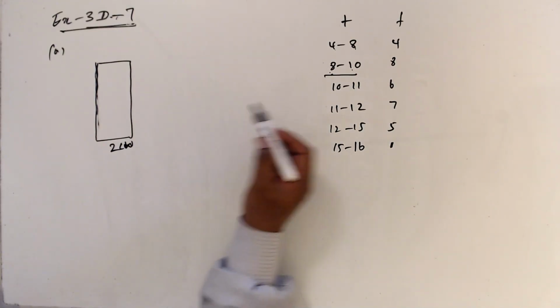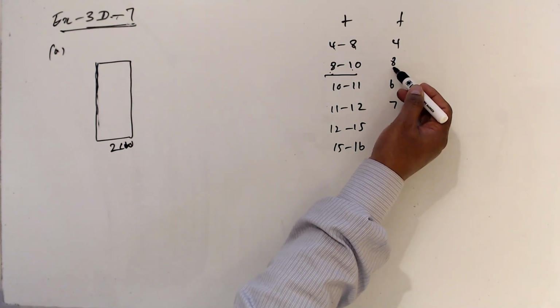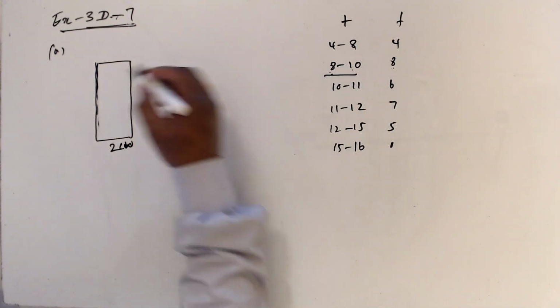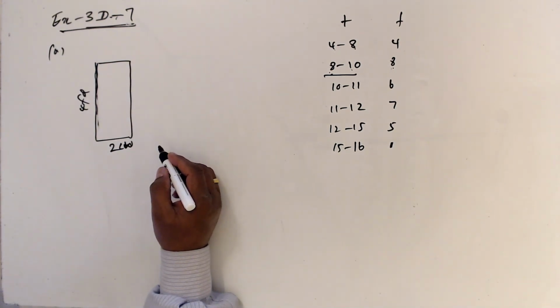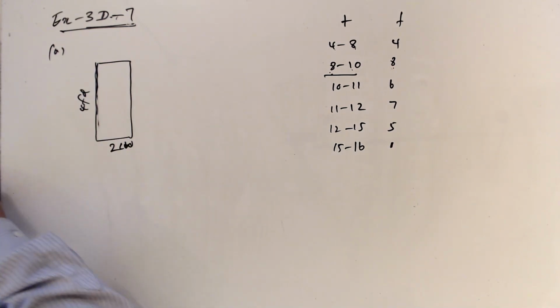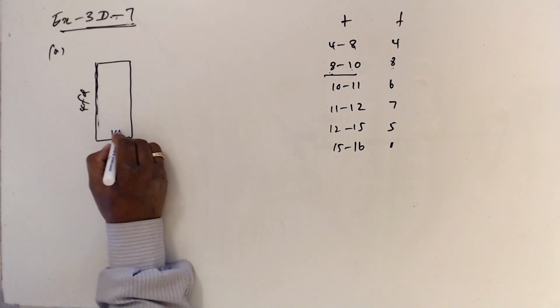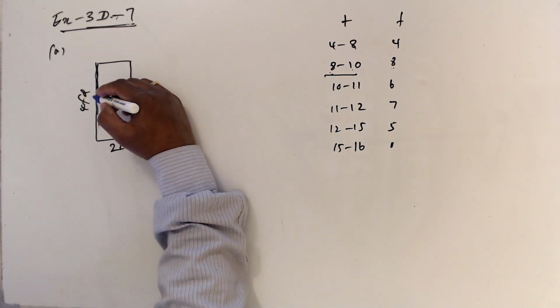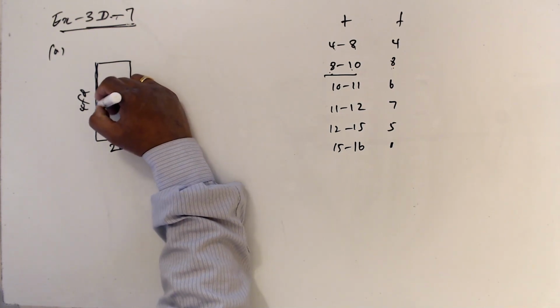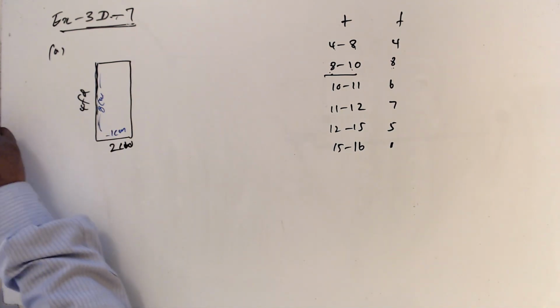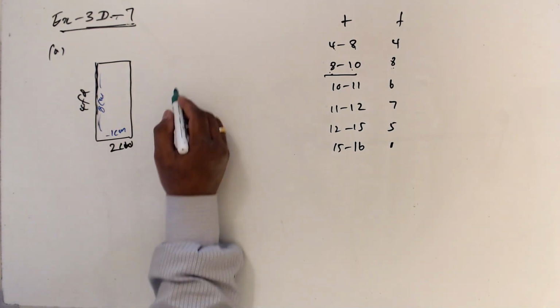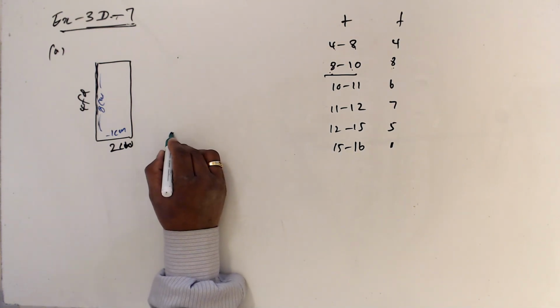Frequency density is frequency divided by class width, 8 divided by 2, 4. 4 FD is represented by width 1 centimeter. So 1 centimeter width and 8 centimeters height. Now we need 11 to 12.